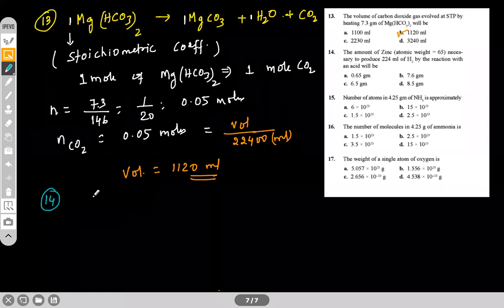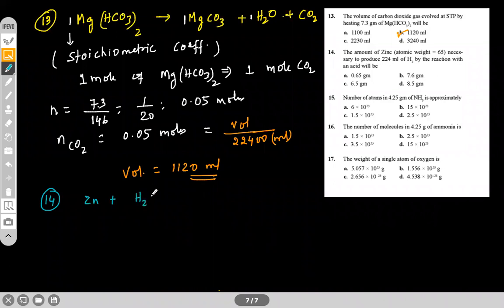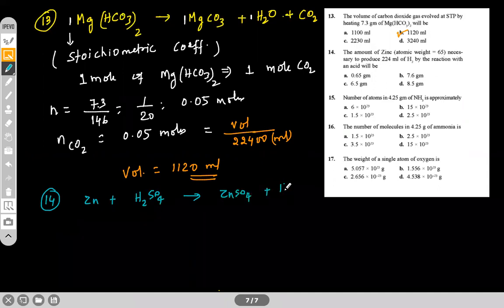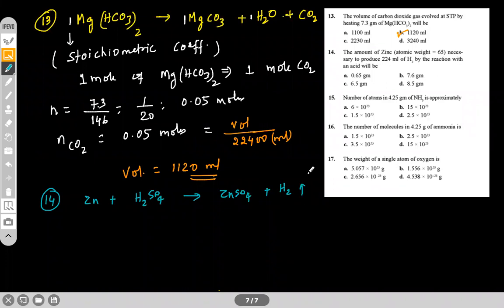What is the reaction we can have here? Zn plus H2SO4 gives ZnSO4 plus H2. Gas evolves, right? Zinc atomic weight is given, to produce 224 ml of H2.